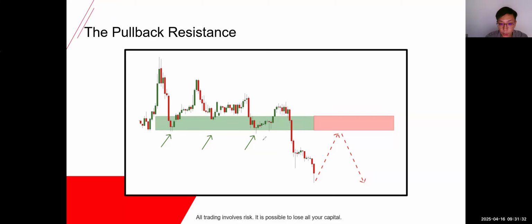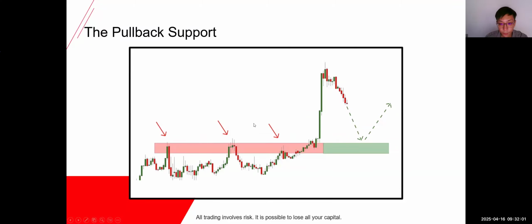Because price has already broken through, we are expecting price to come back up, retest, and go down even further. So that is for a pullback resistance trade. Pretty simple stuff, just combining it. This is the bare minimum, the very, very simple stuff.